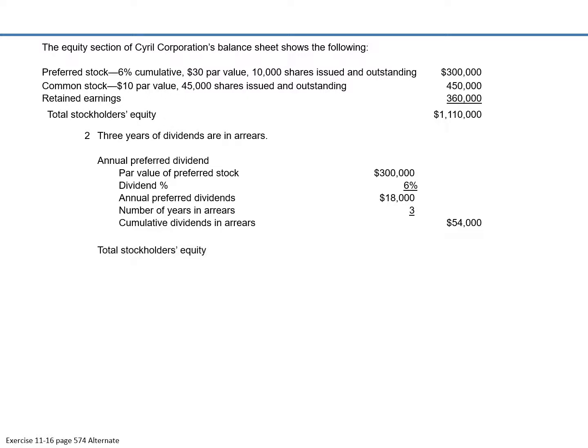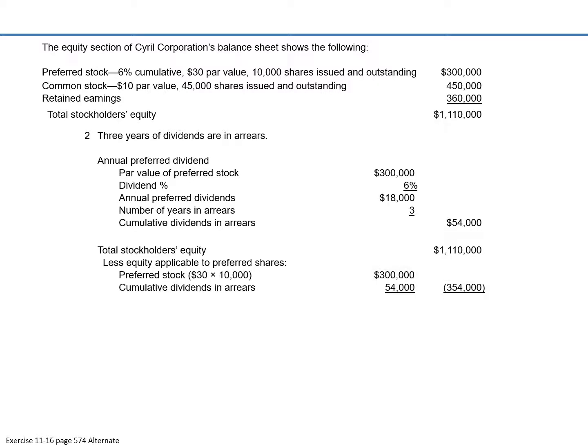Then our total stockholder equity is 1,110,000 less equity that's applicable to preferred shares. So that's going to be our $300,000 par value plus our cumulative dividends in arrears. So we're going to have total stockholder equity less $354,000 for our equity applicable to common shares.